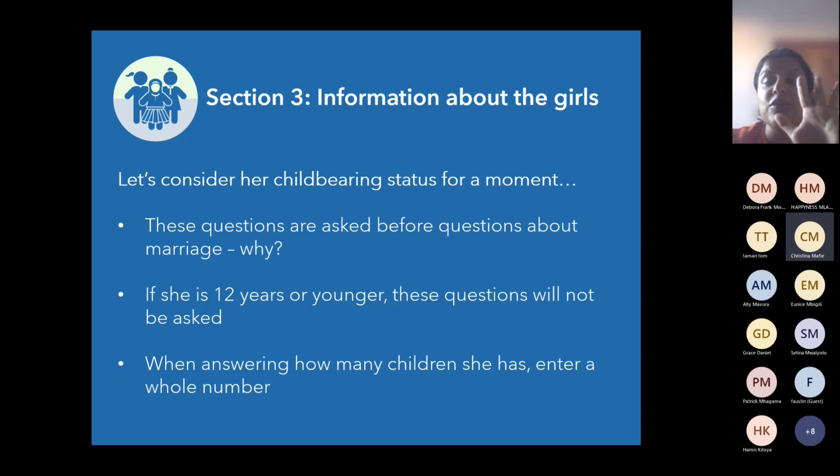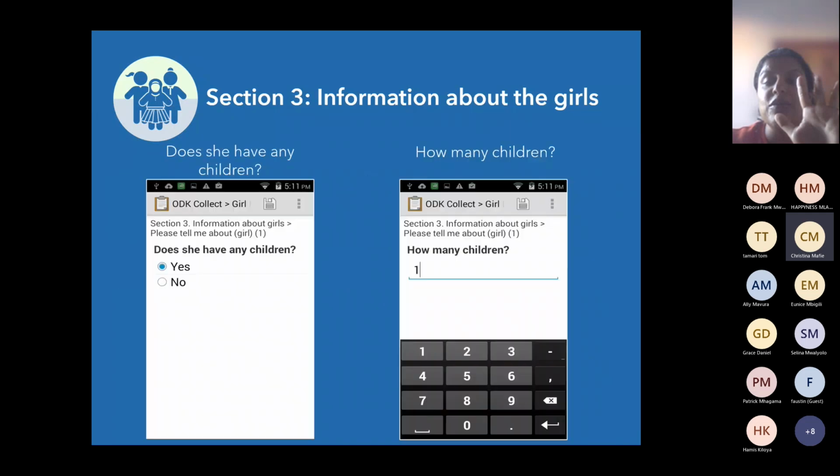Does anyone want to venture a guess as to why we ask about kids before we ask about marriage? Why do you think we ask about whether she has children before we ask about whether she is married?